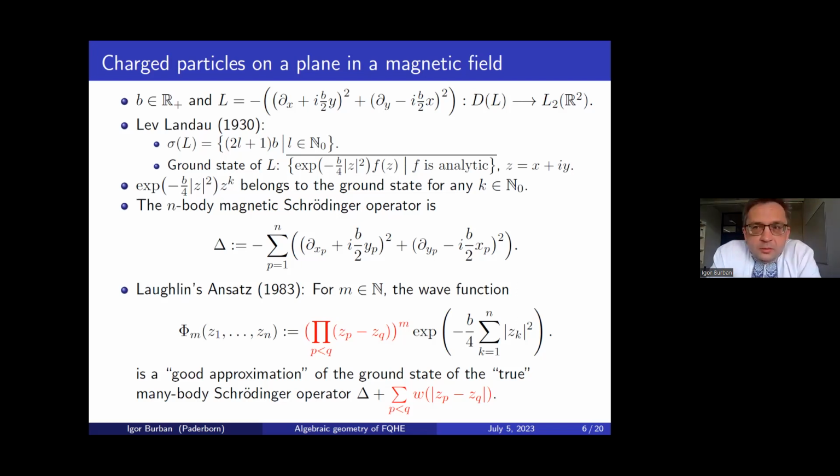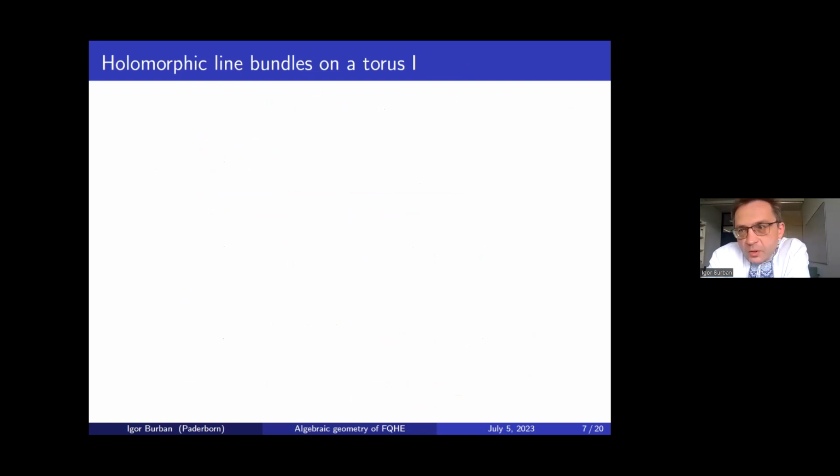Well, it was maybe some overview of what is going on in the plane, but I want to proceed to other models. And I also want to tell you that algebraic geometry has something to do with what I'm talking to you about. And now let's speak about the complex torus.